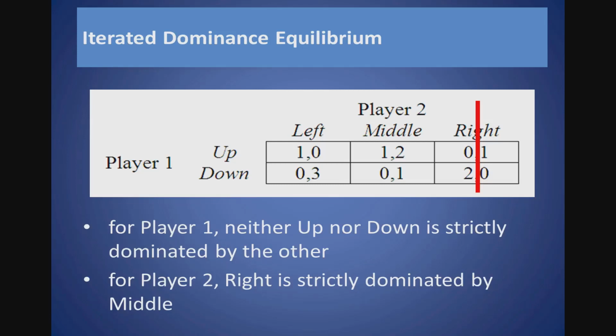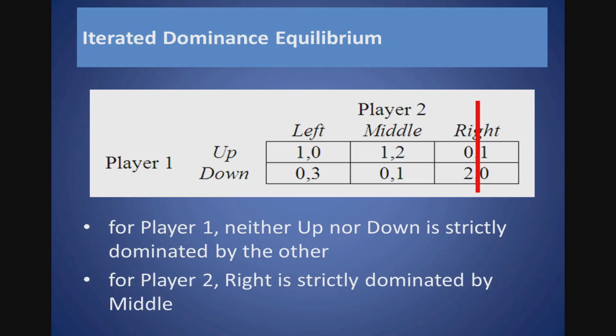From what we've seen here, the simple answer is no. Because right is strictly dominated by middle. All we're doing is making that pairwise comparison between those two potential strategies. And so, in that case, we know that middle would always be chosen in preference to right. So we can remove right as an option for player 2.